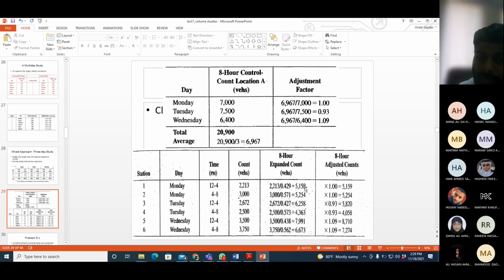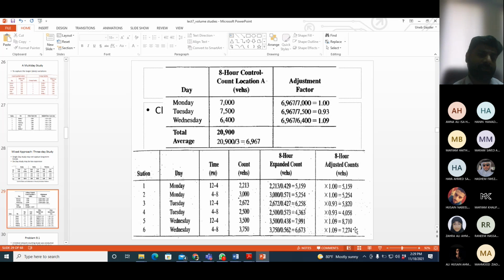You take the count of Mondays and multiply with the adjustment factor of Monday. You take the count of Tuesdays, which is for location 3 and 4, and multiply with the adjustment factor of Tuesday. Same thing for Wednesday. What are these last values now? The last column shows you the average 8-hour count for each location.